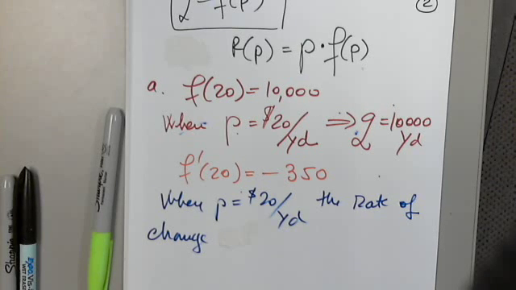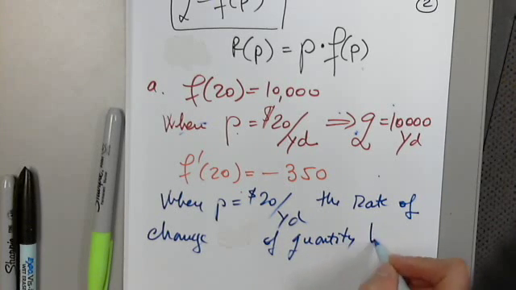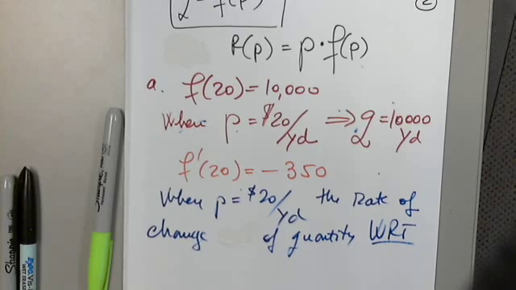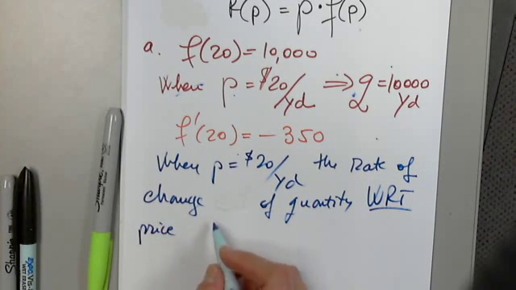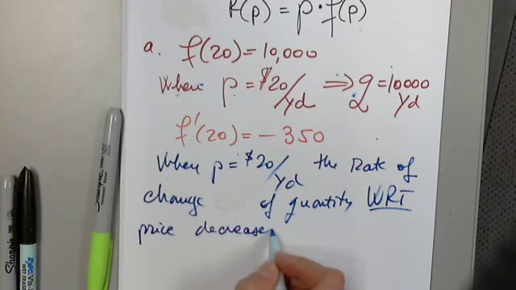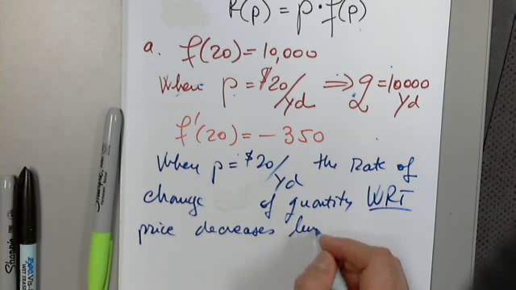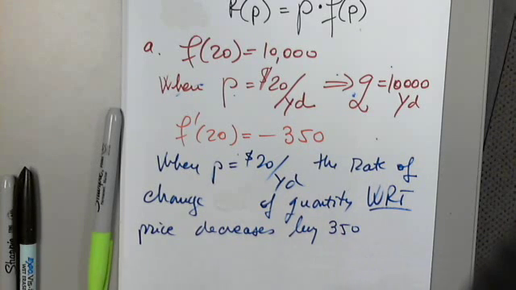The rate of change of quantity with respect to price decreases at that instant by, and I need a number and measurement unit. By 350, what?